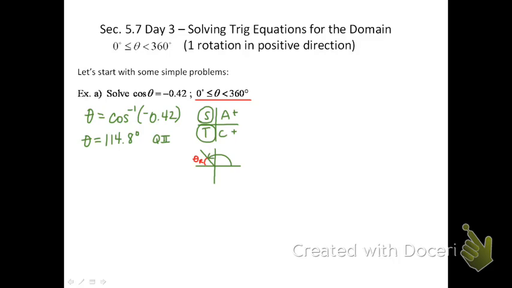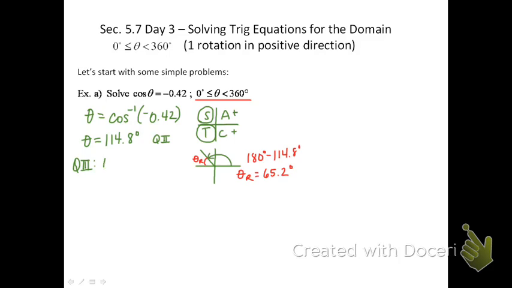So to find the reference angle, we're going to make our half a rotation, 180 degrees, and we're going to subtract the angle that we just found, 114.8 degrees, from it, and that's going to give us a reference angle of 65.2 degrees.